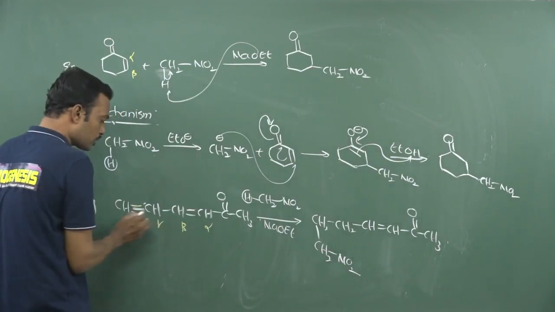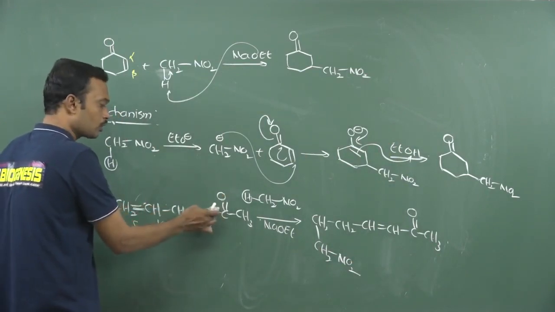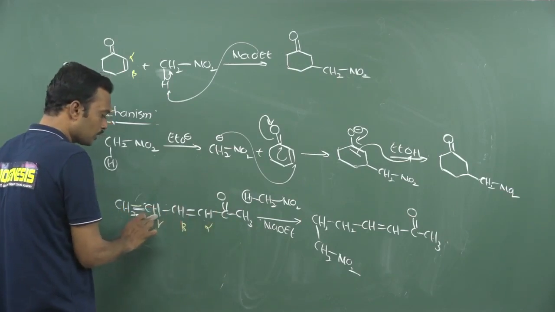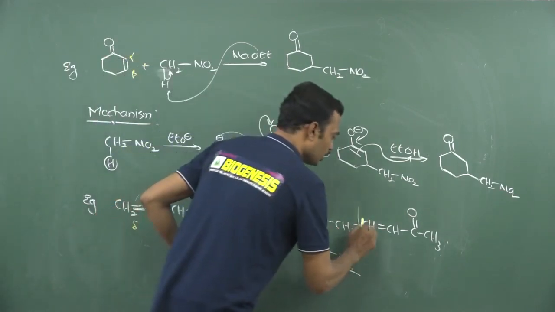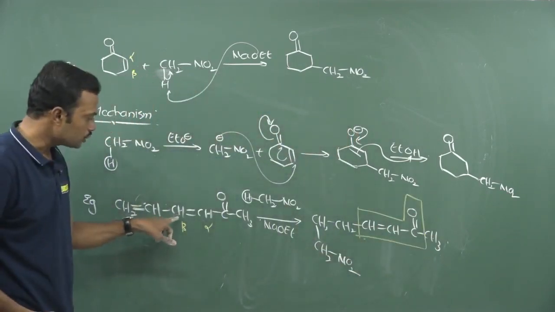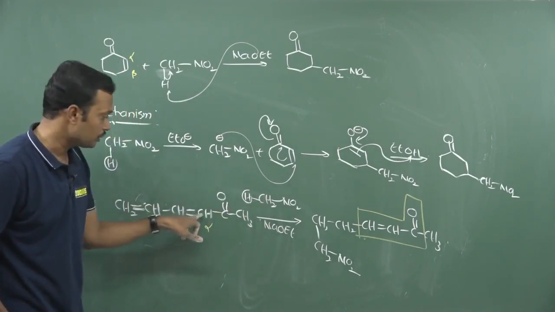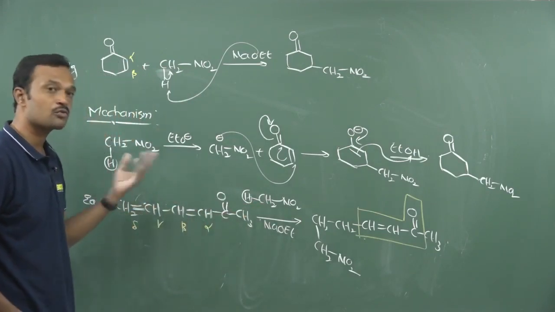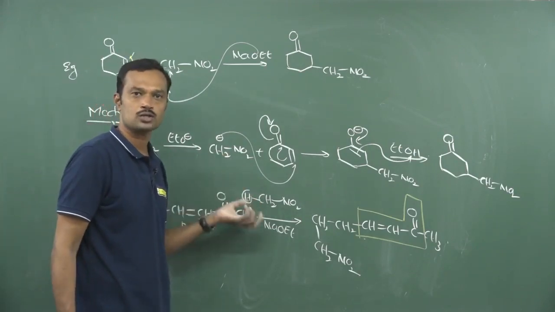This negative ion, once it attacks here, the bond migrates, and finally you will get the enol form. Then later this double bond migrates here, and this will take a proton from the solvent. Finally you need to add in such a way that conjugation is retained. Suppose you add on this particular carbon, this total part will be added here, and the double bond will disappear. Now this carbonyl and double bond are away from conjugation, so that is not expected in Michael type addition reactions.